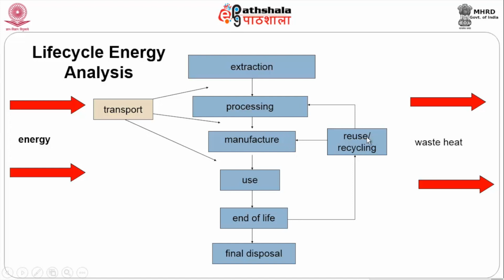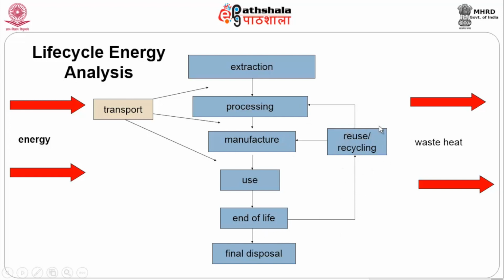Here we can implement reusing waste materials or recycling materials into appropriate constructions, and these manufactured materials can be used again. Then there is the end of life of the material, the life value of the material, and the final disposal.